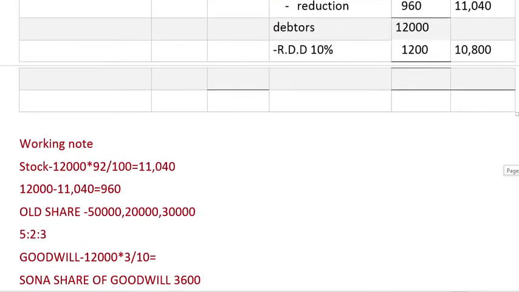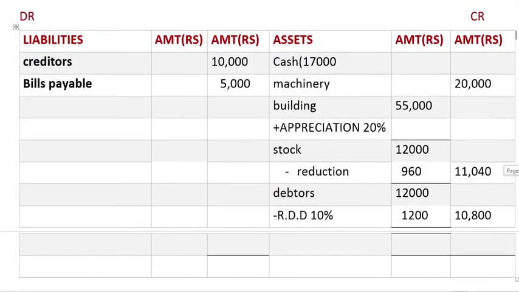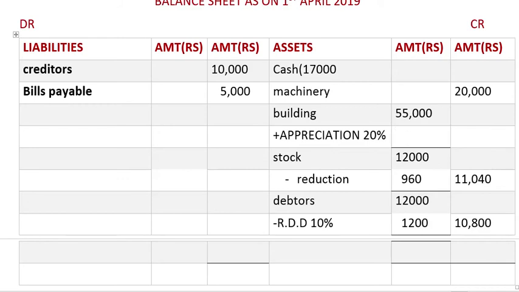So 20% of 55,000, if we calculate, we get 11,000 and 66,000 over here.